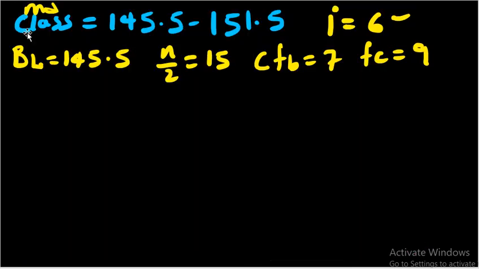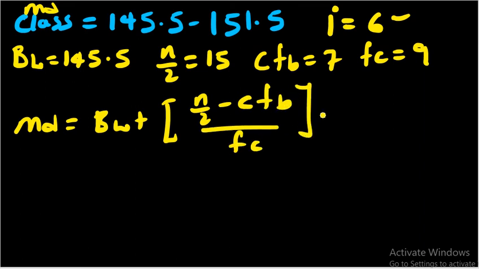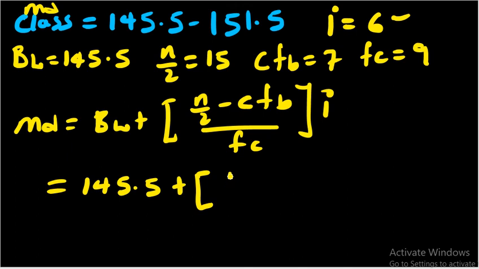So the formula, let us state now the formula. The formula says median is equal to BL plus, in big bracket, n over 2 minus CFB over FC times I, where BL means the lower class boundary, 145.5, plus, in big bracket, n over 2, we got it, 15, minus the cumulative frequency of the before class, which is 7, divided by the frequency of the class, that's 9, then multiplied by 6.